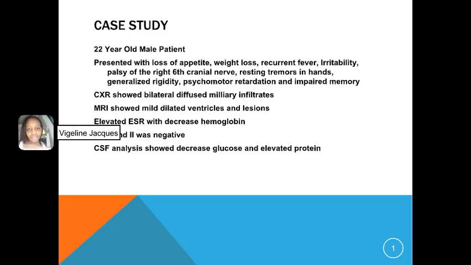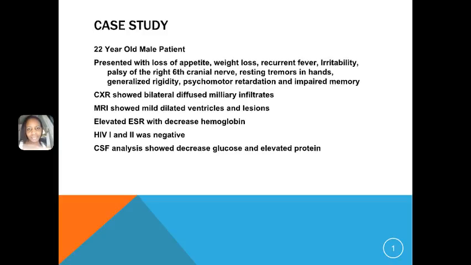His laboratory studies showed a reduction in hemoglobin, elevated ESR, and HIV-1 and 2 was negative. Lumbar puncture was also done, which is considered the gold standard for diagnosis, and revealed elevated protein and low glucose. About 80% of diagnoses for this condition are done through lumbar puncture. Chest X-ray showed bilateral diffuse infiltrates.